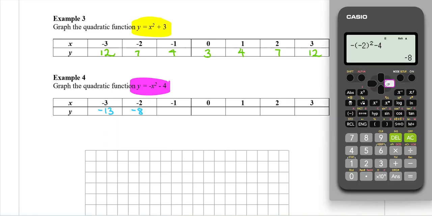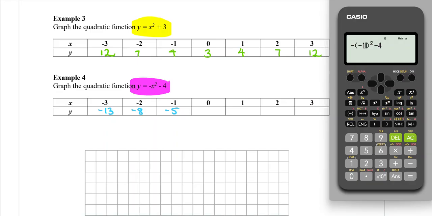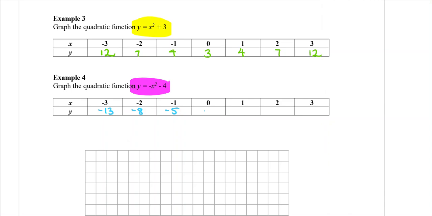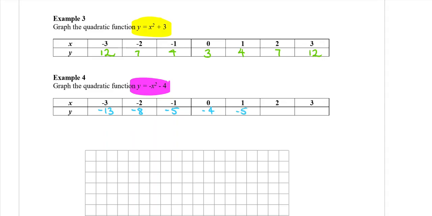Then change it to be a minus 1. Then change it to be 0. And then it will start repeating the pattern. So we're back to minus 5. Then it will be negative 8 and negative 13.